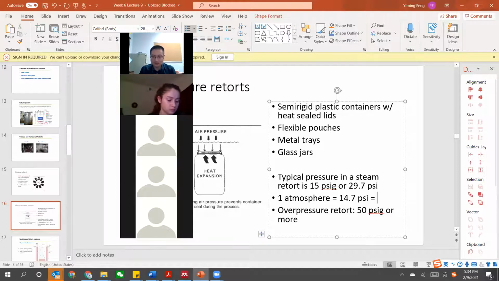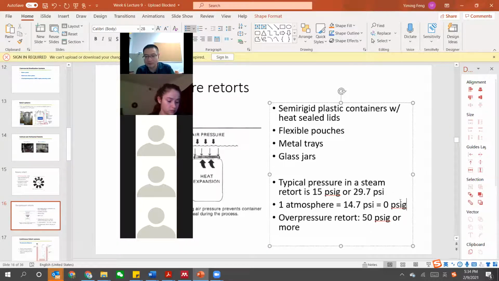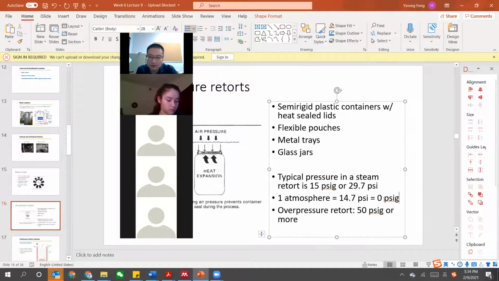So this is equal to 0 psig, because when we talk about the psig, it is the pressure difference between the current pressure and atmospheric pressure. So when we have 0, it means it's normal, which is equivalent to 14.7 psi.